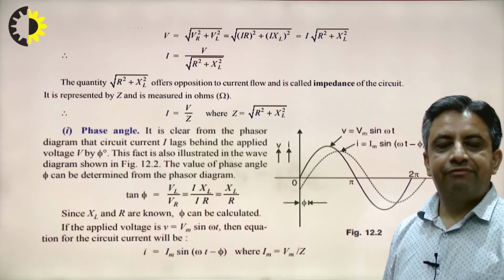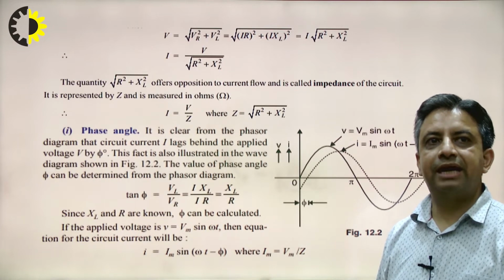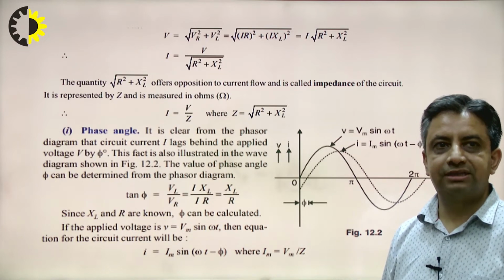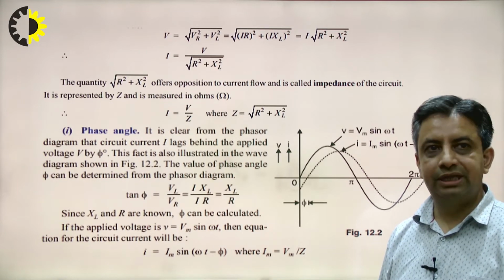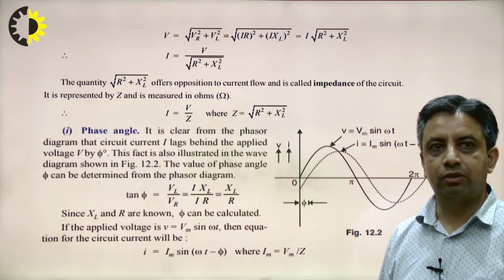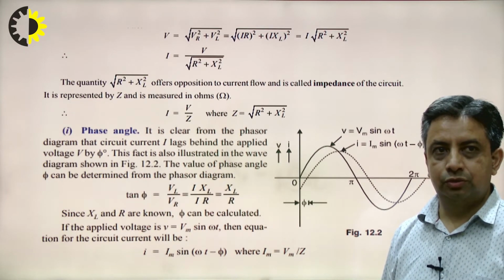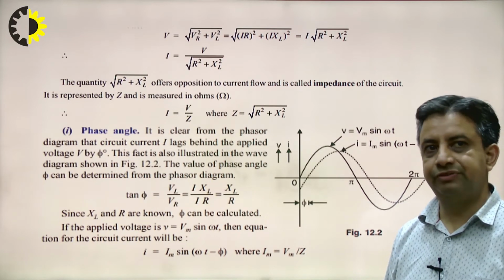Now, if we write down the expression for voltage, the supply voltage will be equal to the phasor sum of VR and VL, where VR is the voltage across the resistance and VL is the voltage across the inductor. So the phasor sum will be equal to the square root of VR square plus VL square.